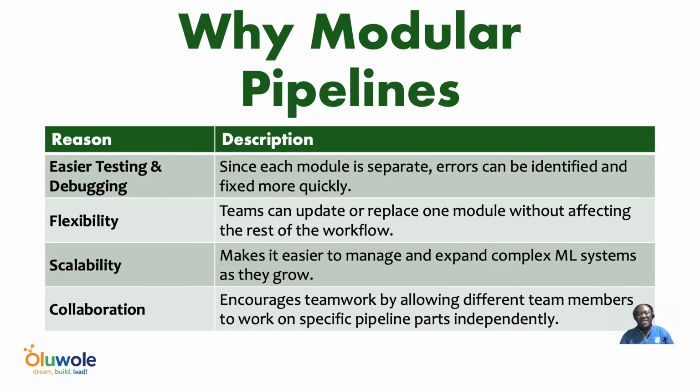There's scalability, as I said. It makes it easier to manage and expand complex LLM systems as you grow. Every company wants growth. We all want growth. So if our customers are growing, we must grow, so you must leave room for expansion. What kind of expansion? A new model might come out that works better, that you want to include in your model training to help your system perform better.